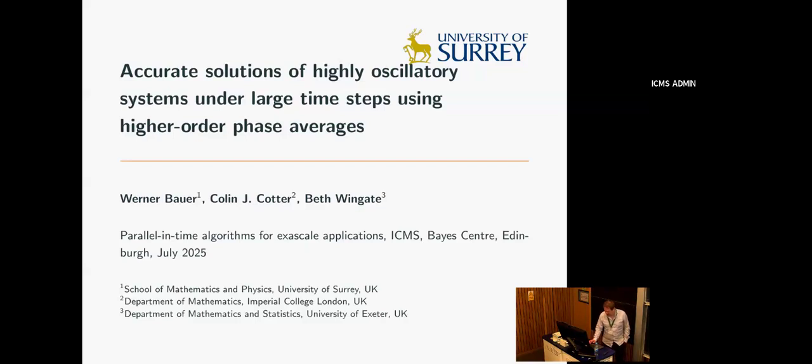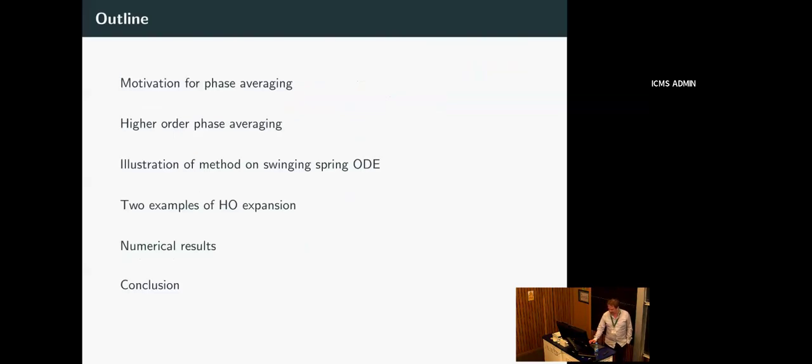Okay, so there are a couple of things that I want to mention. First of all, the motivation for phase averaging. I don't have to say much because Juliane already explained it quite nicely, so I just repeat it and put it into my notation. Then I mention the idea of higher order phase averaging and what research questions we are addressing by doing this.